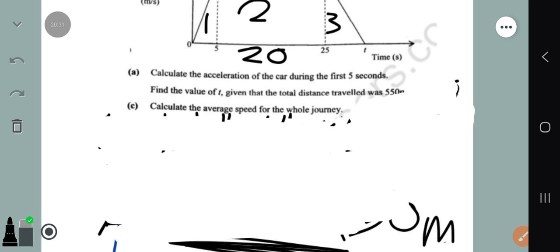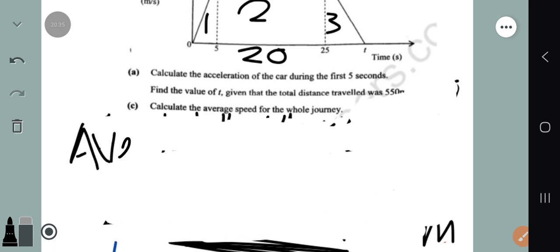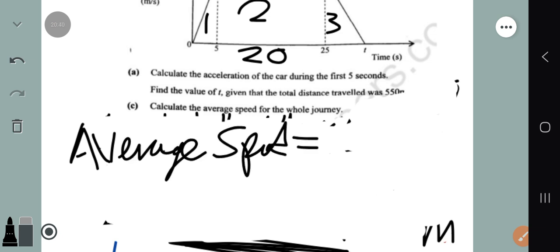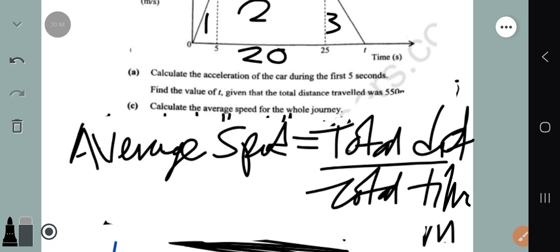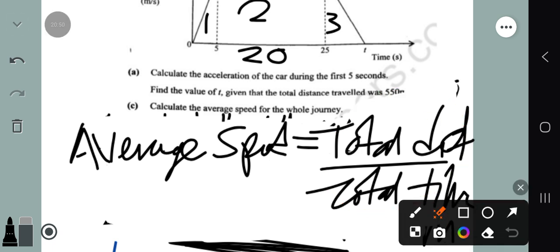So average speed equals to what? Average speed equals to total distance over total time. Always remember this. Average speed is what? Total distance over total time.